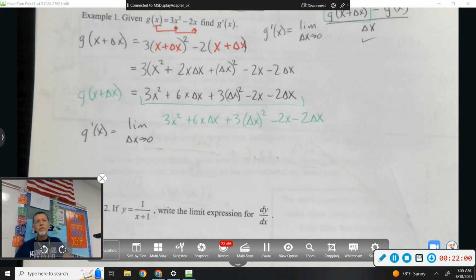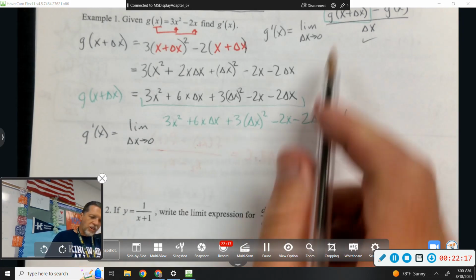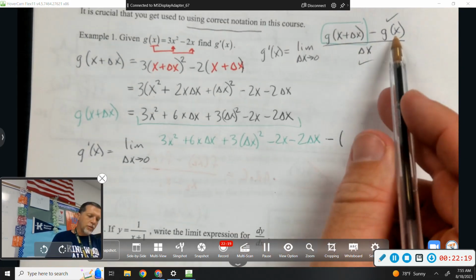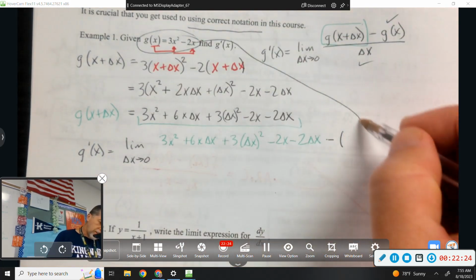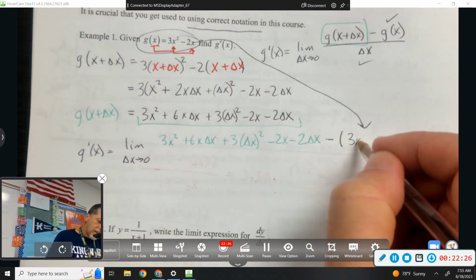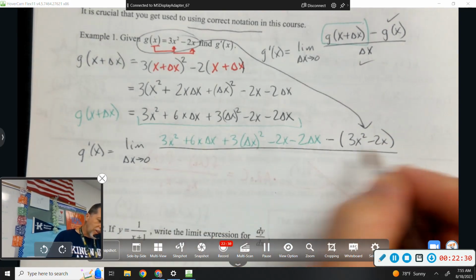All those years of your math teachers telling you to show your work, don't skip too many steps. The more work you show, the better off you'll be. Well, all that's still true. Minus, again, that was just g of x plus delta x. Now I need to subtract g of x, which was all of this stuff: 3x squared minus 2x. And all of that over delta x.